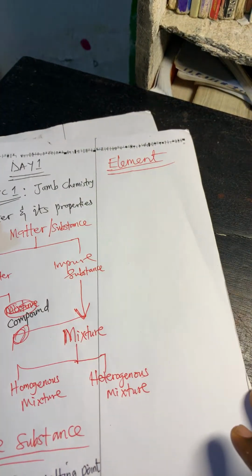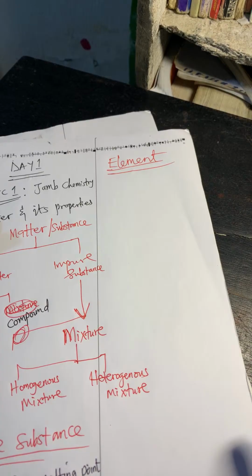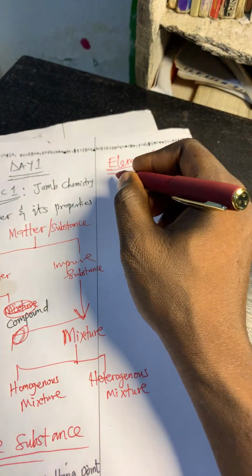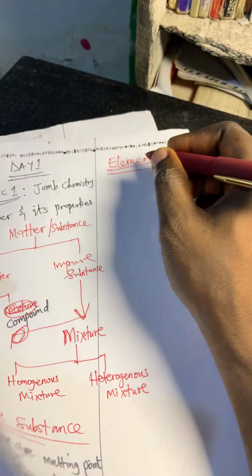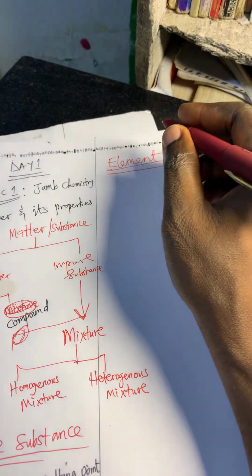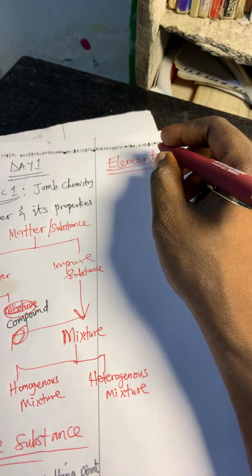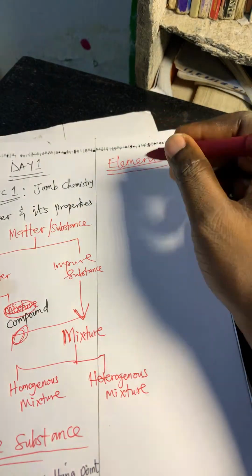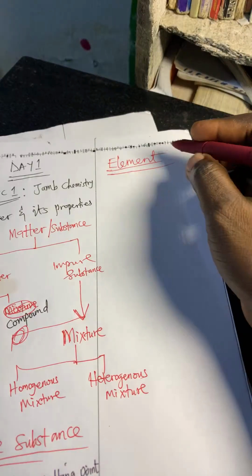Elements. What can we say about elements? Because elements and compounds are what make up the pure substance. Don't forget, two or more elements chemically combine to give a compound. So note that elements are substances which cannot be broken down into other simpler units by an ordinary chemical means or process.